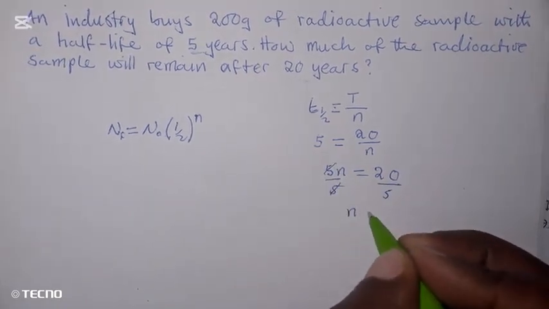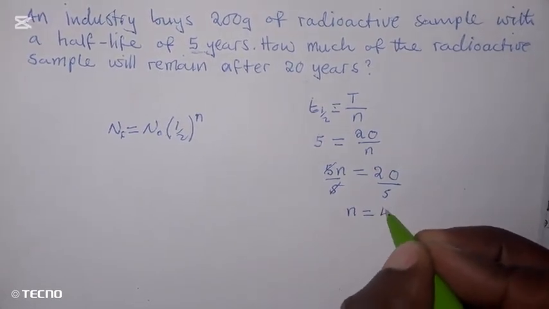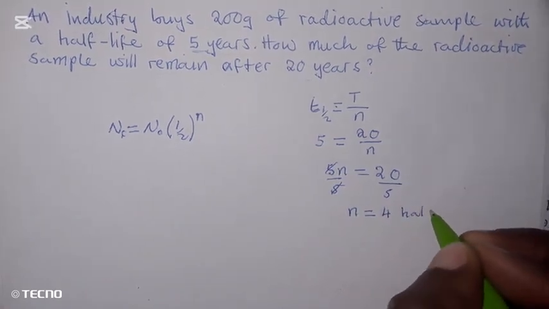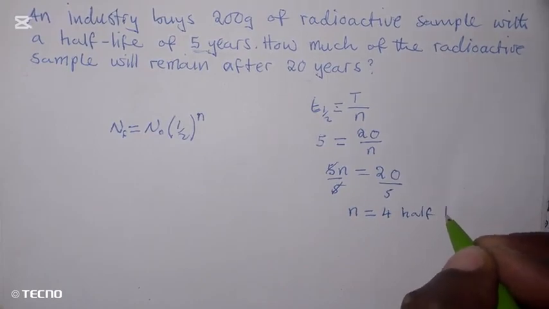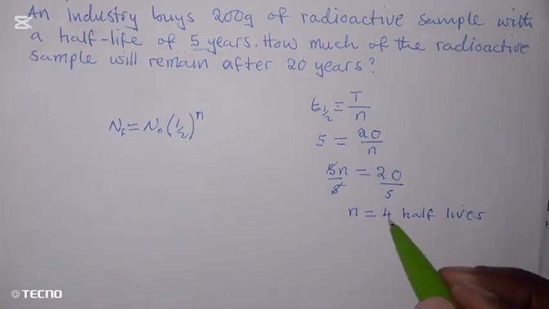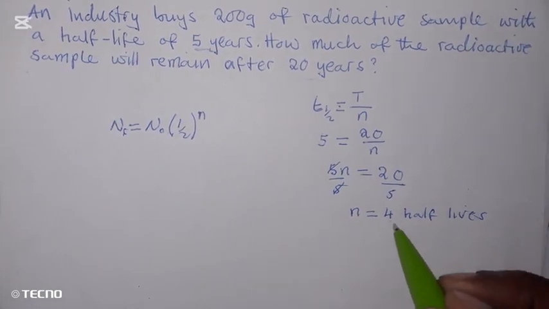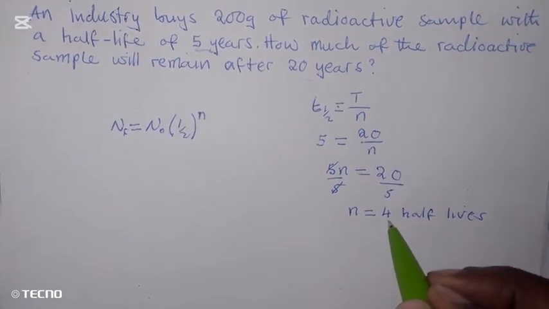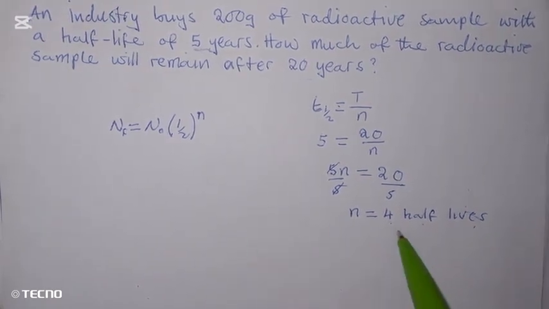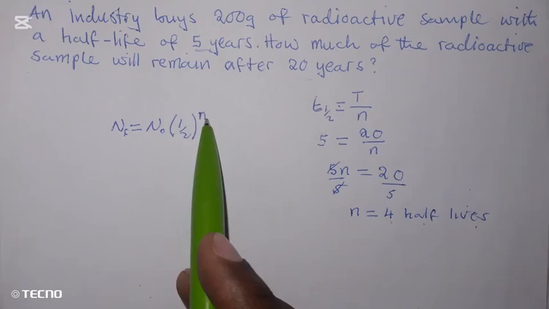So our n here is equal to 4 half-lives. So this is the number of half-lives. So 4 represents 4 half-lives. Now this 4 is the one that you're going to replace where there is n here.